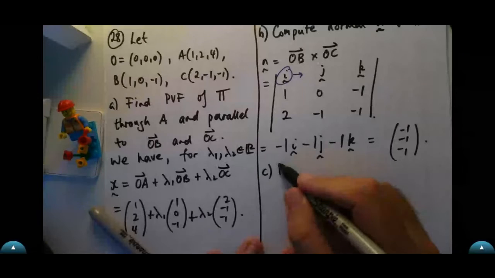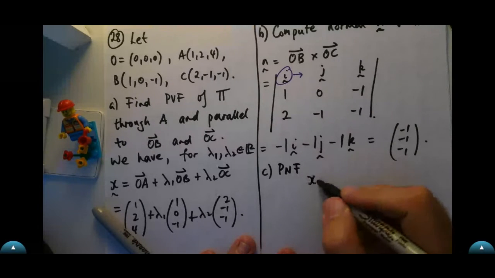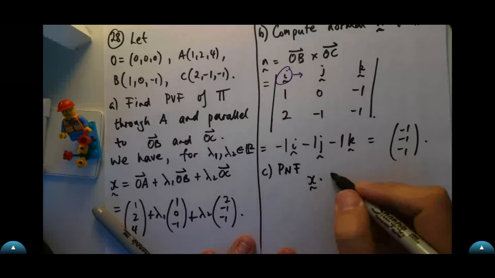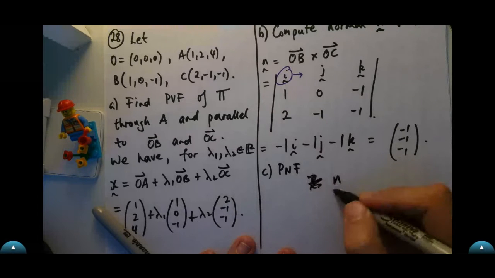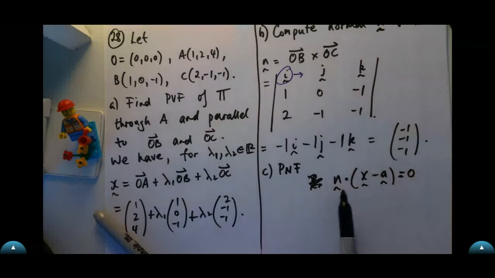Okay, all right, so the point normal form, PNF, is something like this. So n is a normal vector to the plane, x is the position vector of a point on the plane, and a is a given point on the plane.